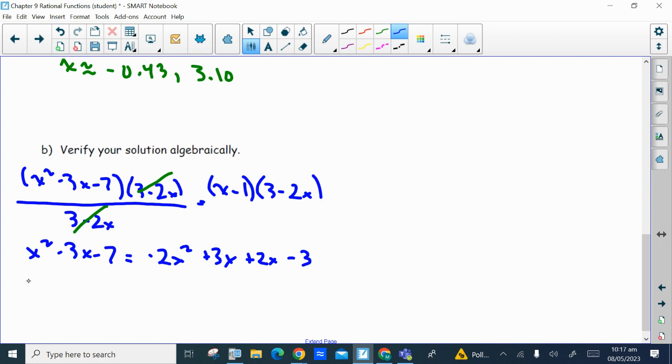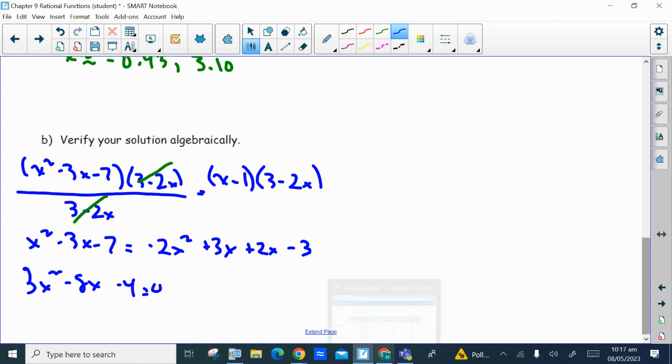So if you add the 2x squared to both sides, you'll get 3x squared on the left. You're going to subtract 5x from both sides because that's what 3x plus 2x becomes. Negative 3x take away 5x is minus 8x. And then adding 3 to both sides gives us that quadratic to solve.